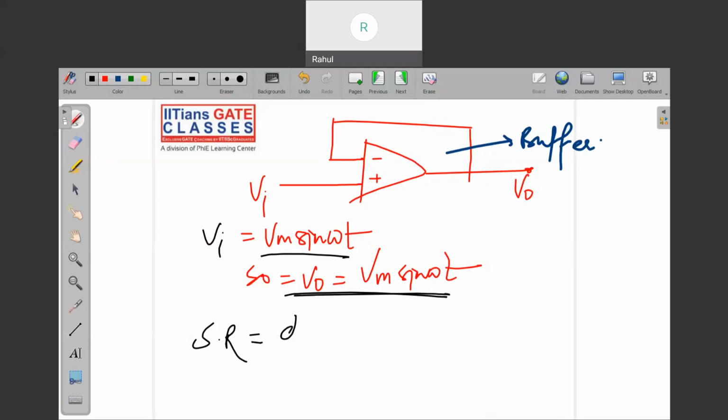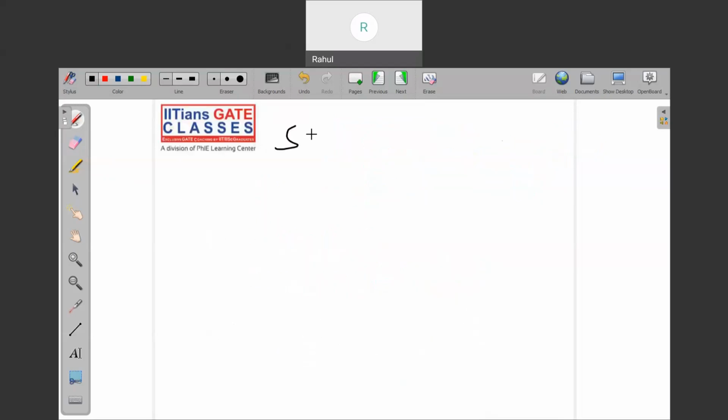Slew rate is equal to dV0/dt, so we can put this here, that is d(Vm sine omega t)/dt.